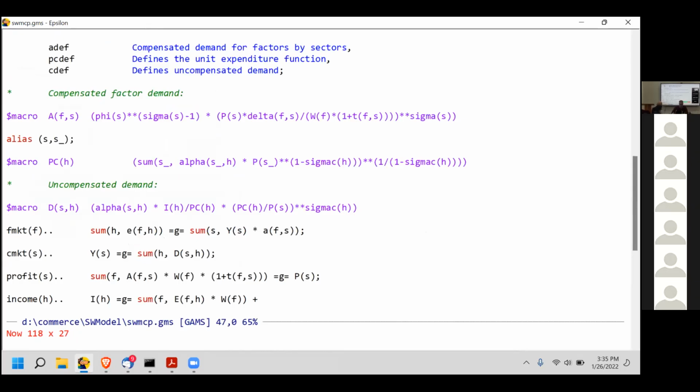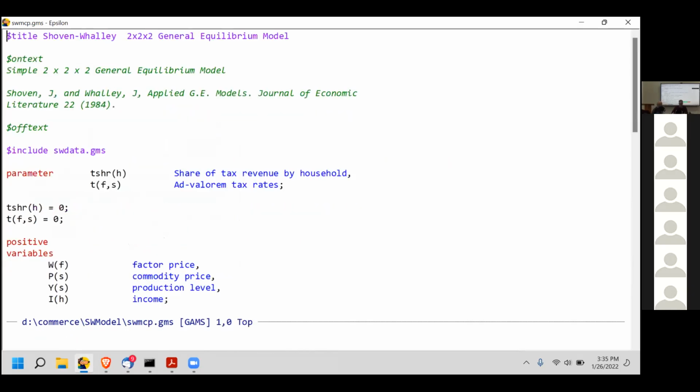Okay, fine. So if we look at the top of the file, the first thing we see is this thing called include swdata.gms. The title just sets a running title for what we're doing. Then we have an on text, off text, which is just a comment block saying this is what this is about, here's your reference to the paper. And then we have an include statement that says, before you move any further, go back and process this other model.